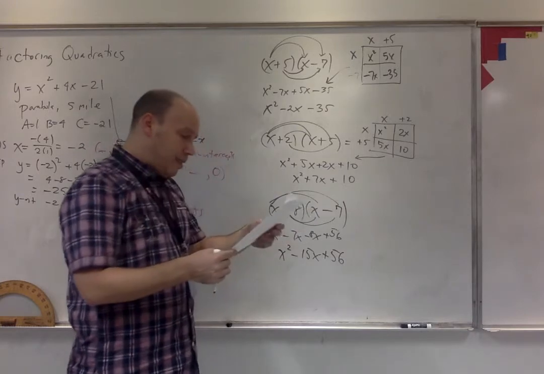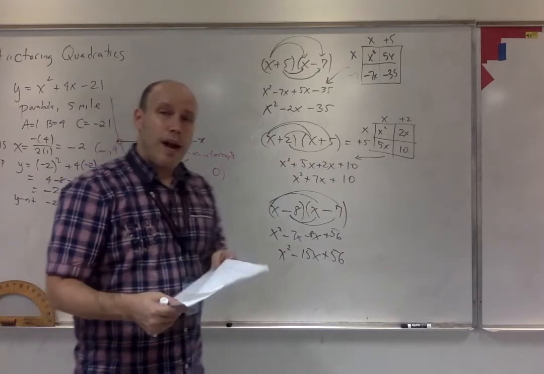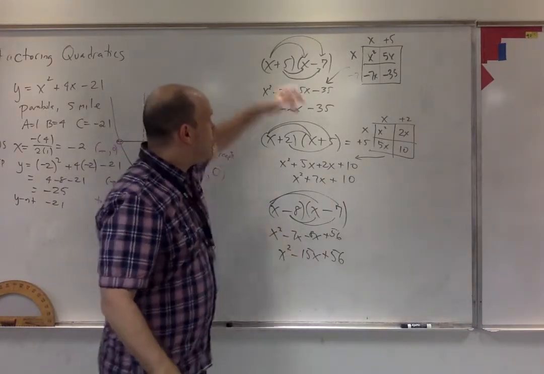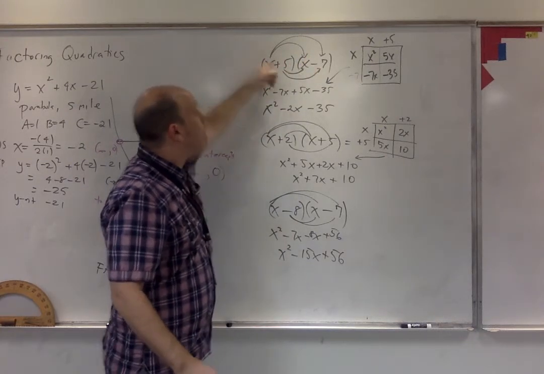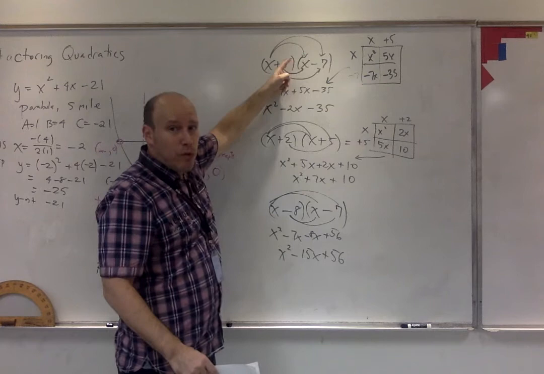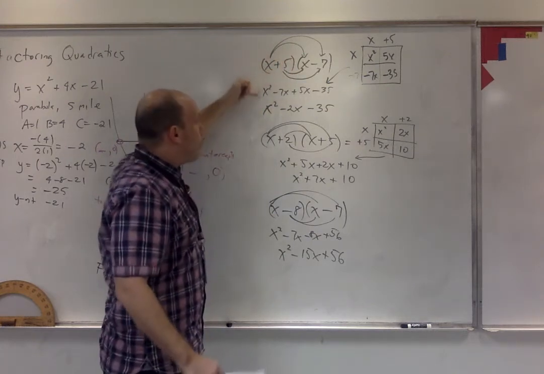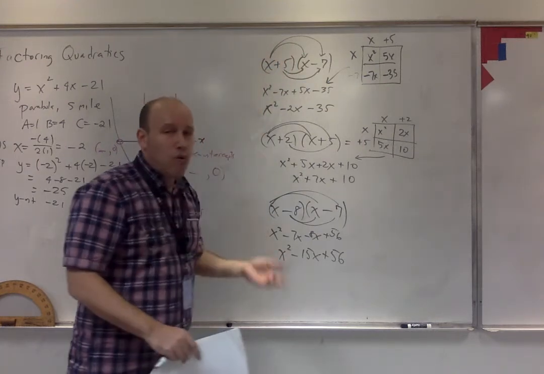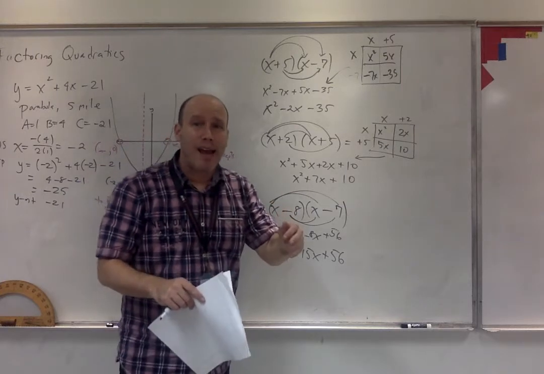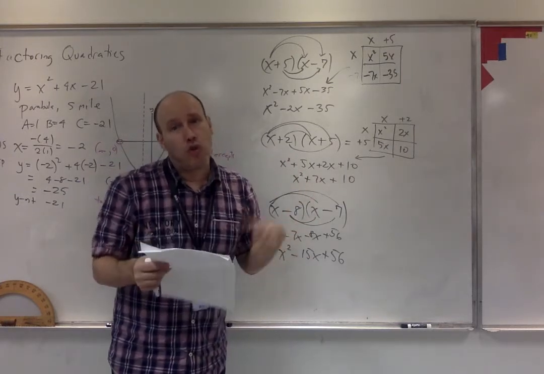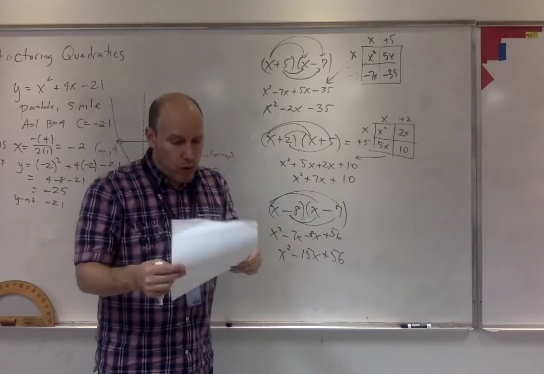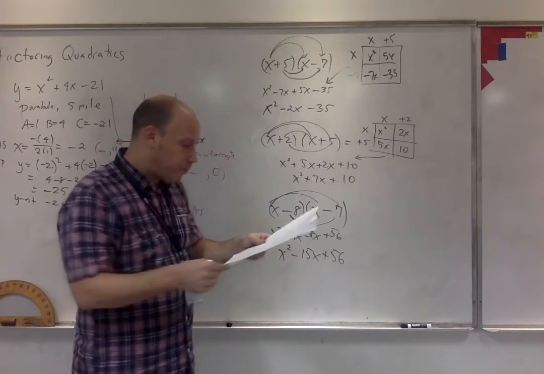Now, the idea here is, if I can take two binomials, or two linears, and multiply them together to get a quadratic, then there's no reason why I can't take a quadratic and factor it into two linears or two binomials. So once again, we want to do the breakdown.